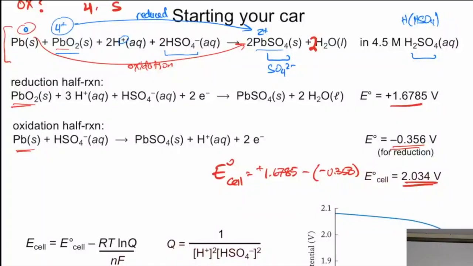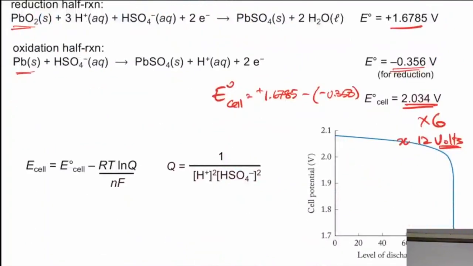And in your car batteries, if you've ever looked at them or read up about them, you've got about 6 of those cells all hooked up together in series, so you get about 12 volts of cranking power overall in your car batteries. But the drop-off is about the same. And you can run the same exercise if you wanted to, because here's the equation. RT divided by nF, that's always going to be the same for whatever this reaction is.